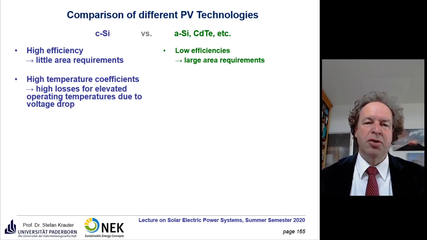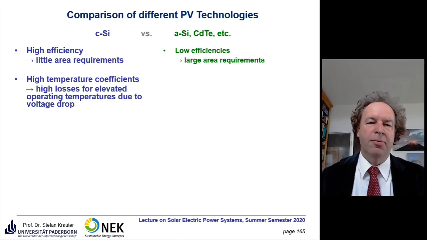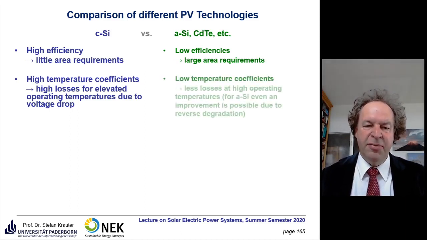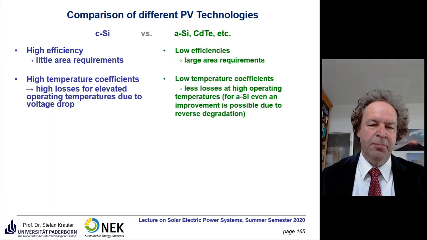Usually the temperature goes up to 45, 50 or even 60 degrees. So you have a considerable loss due to the high operating temperatures. In thin film technology, it's usually less. Depending on the technology, they have different temperature coefficients. You remember the table I gave you in the last lecture.